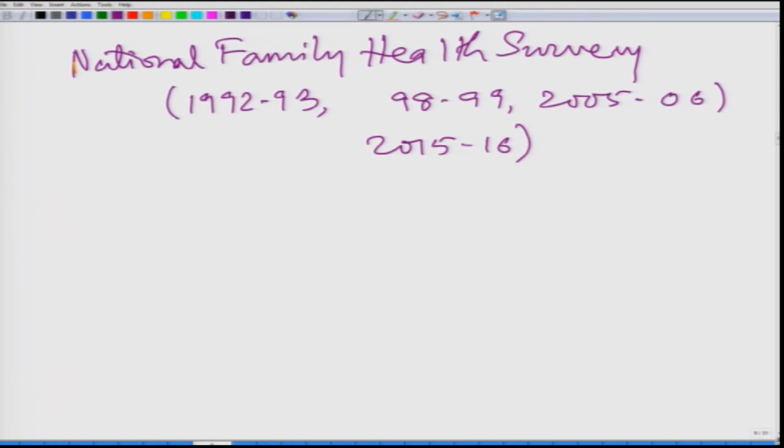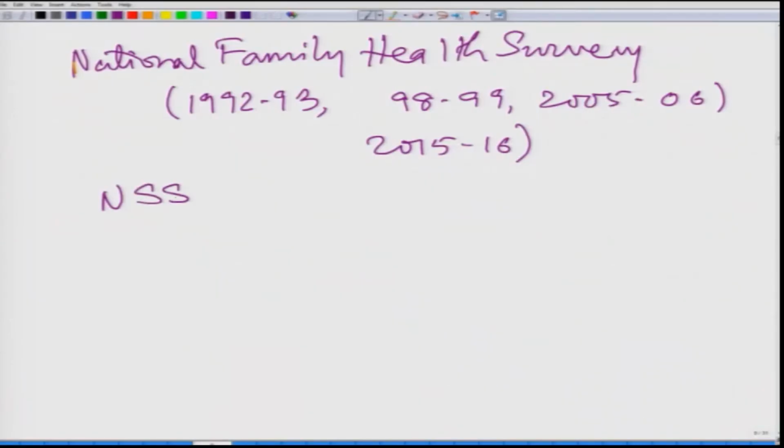So these are the four NFHS surveys. Otherwise, we have NSSO, the National Sample Survey Organisation. We have RCH-DLHS, the Reproductive and Child Health District Level Household Survey, where we have availability till the 4th round. But that may not continue, because the National Family Health Survey is now giving us district level data.